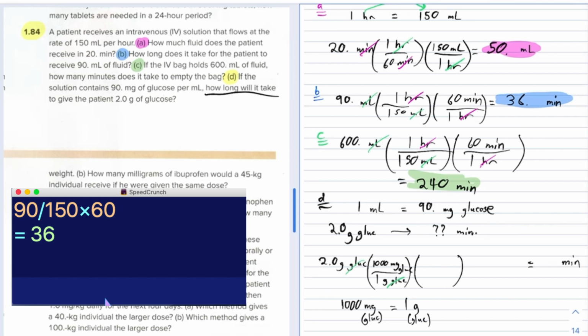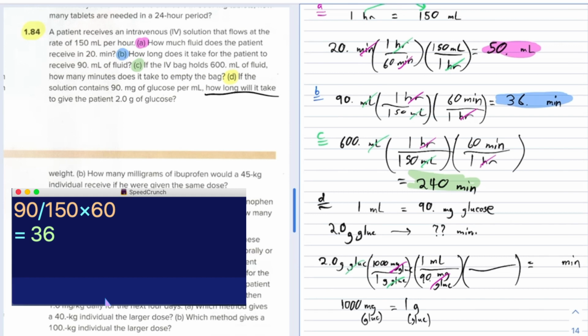Okay, now we're at milligrams of glucose, and we can get from milligrams of glucose to milliliters of fluid. So 90 milligrams of glucose is what you get from 1 milliliter of fluid. And now we're at milliliters of fluid. Now what we're looking for is minutes. Well, we know that 150 milliliters of fluid takes an hour.